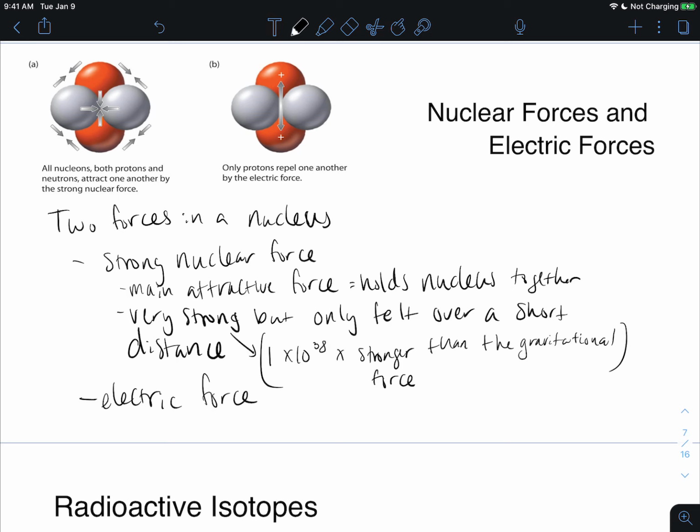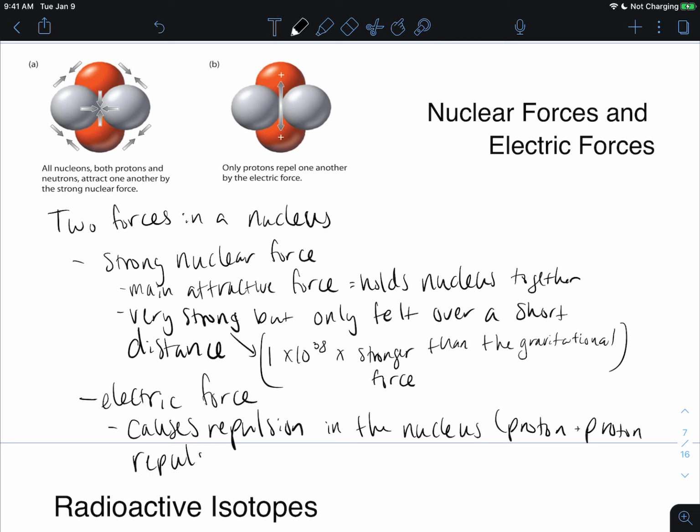Our electric force is what causes repulsion within our nucleus, and it's between the like-charged protons. So it's proton-proton repulsions. This is going to be weaker but longer range.